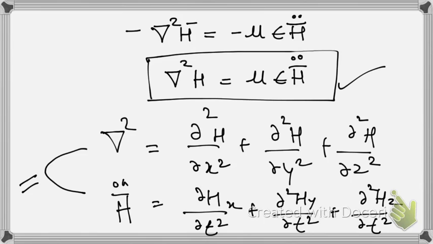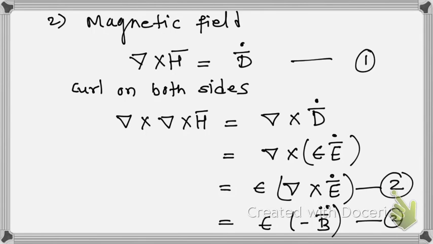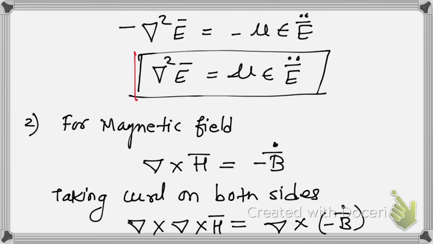Okay, so in this way we can say that this equation is the general form of Maxwell's equation for magnetic field, and the previous equation is called the general form of Maxwell's equation for electric field. Now we are going to find out the solution of these equations later on.